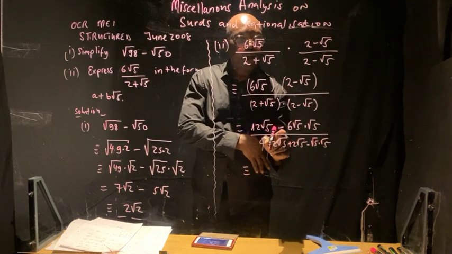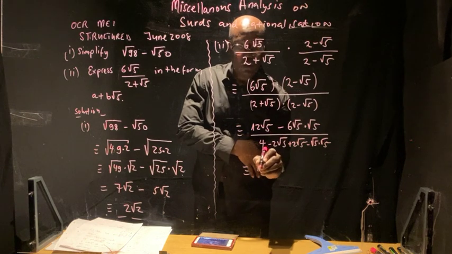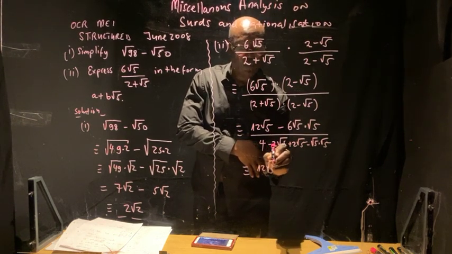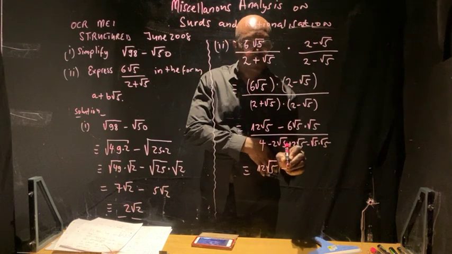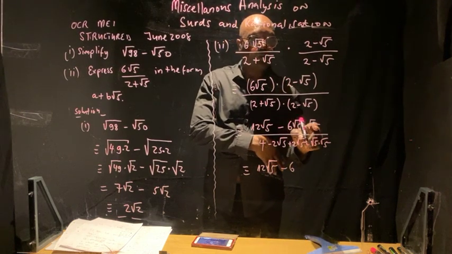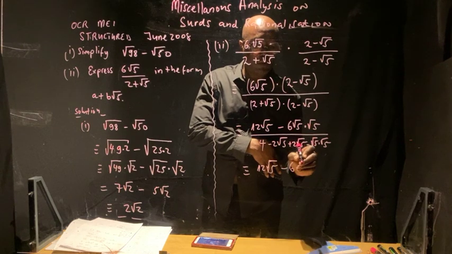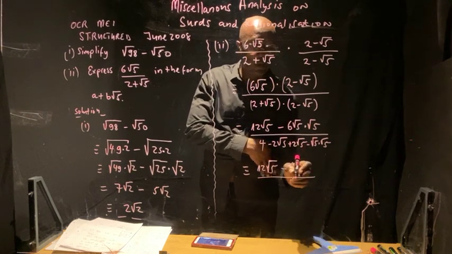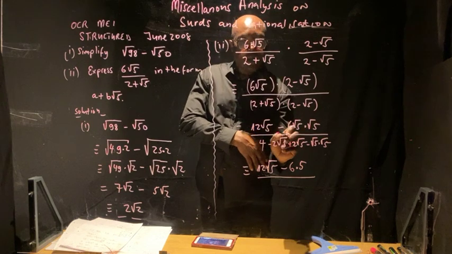So we have 12 root 5, minus 6 root 5 multiplied by root 5, which is equal to 5. Then this one will cancel this one.